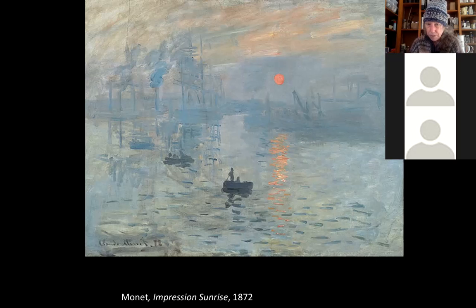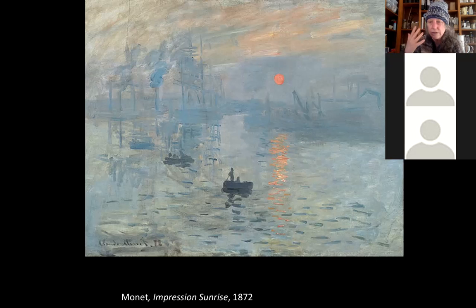So instead of painting in his studio based on drawings and sketches, Monet went out into the landscape and just painted what was in front of him, what he saw. And the paintings were not highly finished. That is, they didn't have a smooth surface. They were textured. The paint was put on a la prima.